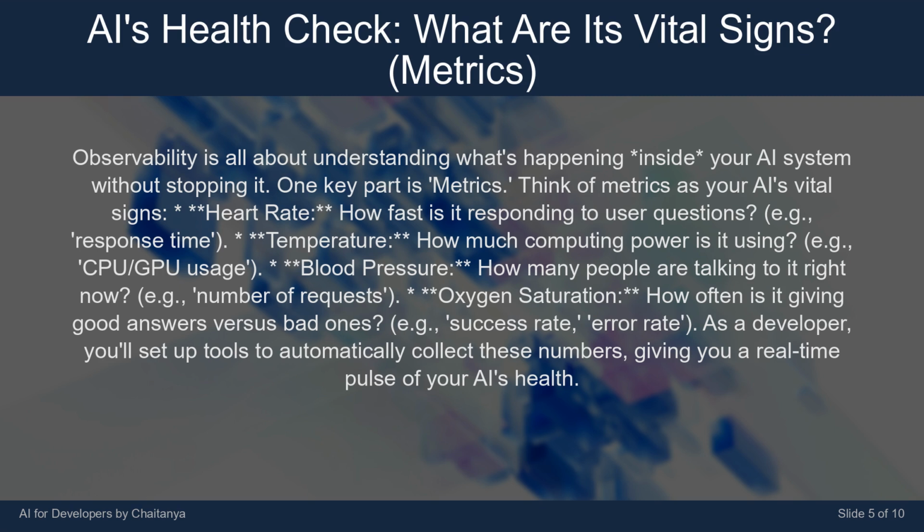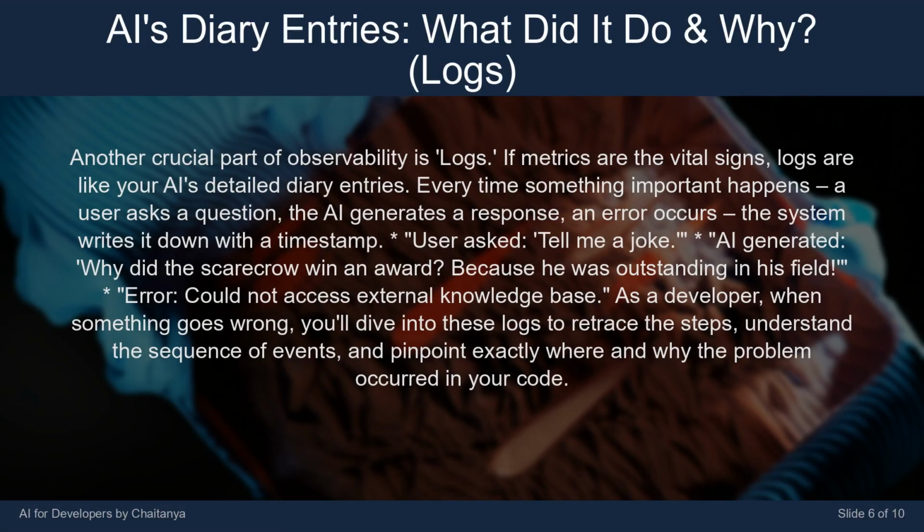Blood pressure: how many people are talking to it right now? E.g., number of requests. Oxygen saturation: how often is it giving good answers versus bad ones? E.g., success rate, error rate. As a developer, you'll set up tools to automatically collect these numbers, giving you a real-time pulse of your AI's health.